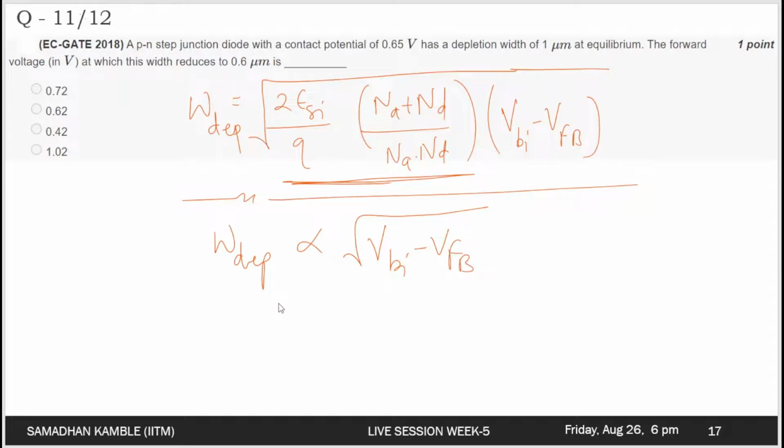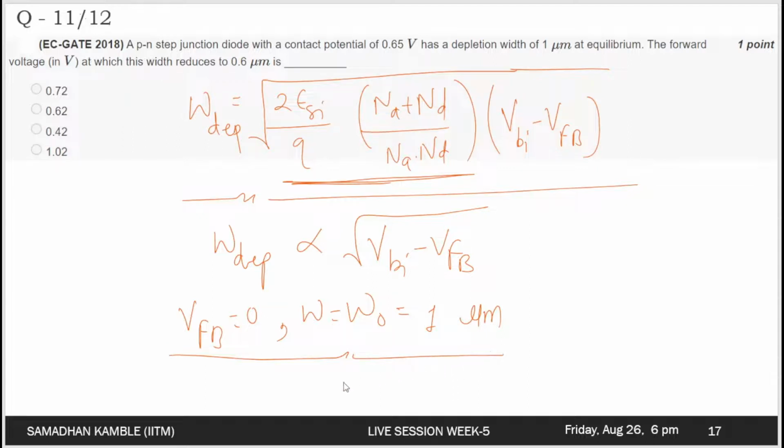When there was no forward biasing, that is VFB was 0, the depletion width, which we can denote by W0, was 1 micron. They have said that a PN step junction diode with a contact potential of 0.65 volt has a depletion width of 1 micron at equilibrium. So this is one piece of information.